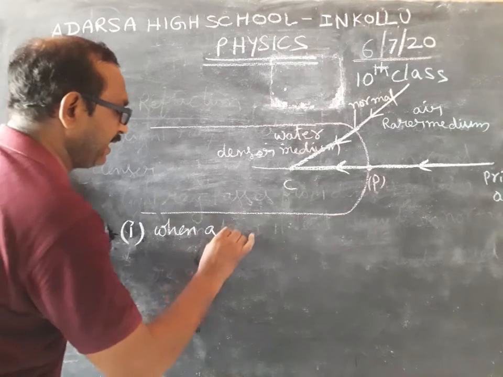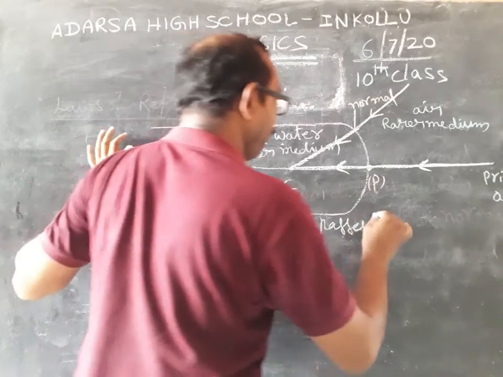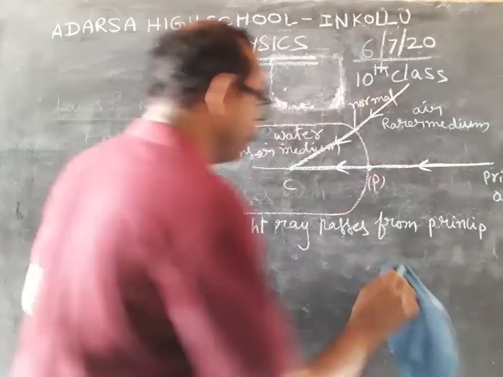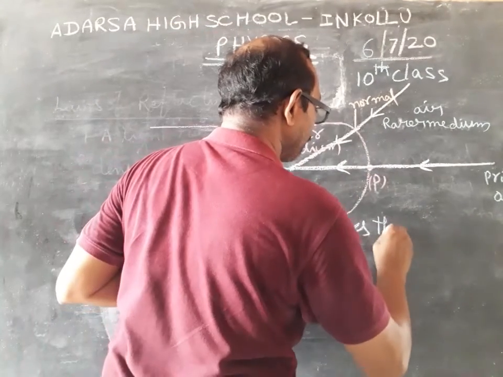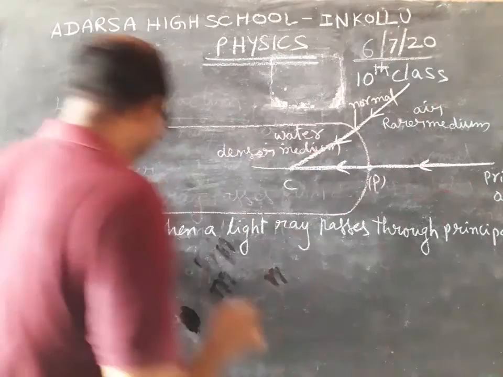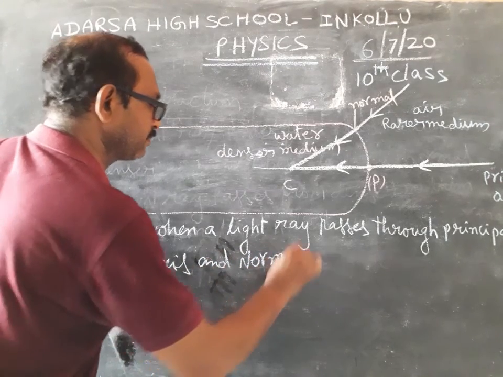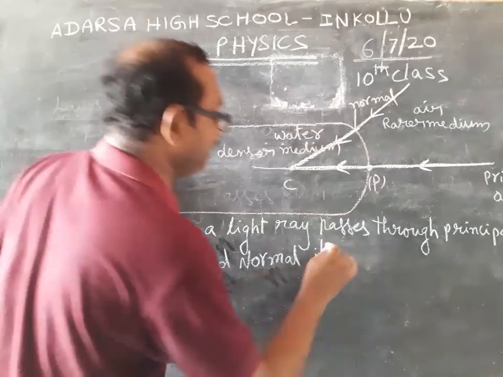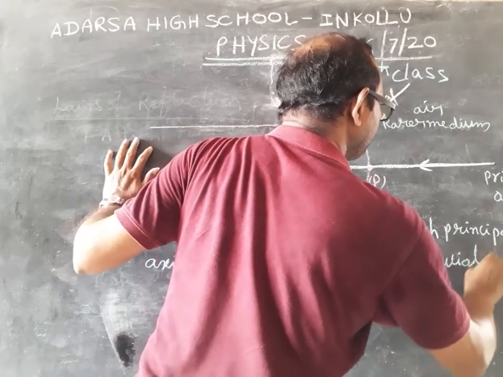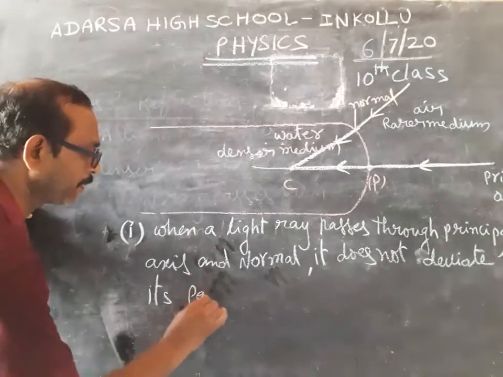When a light ray passes through the principal axis and normal, it means the light ray does not deviate from its path.